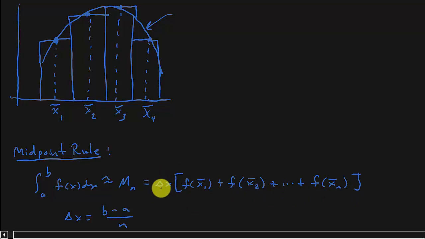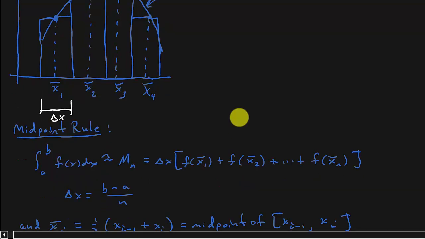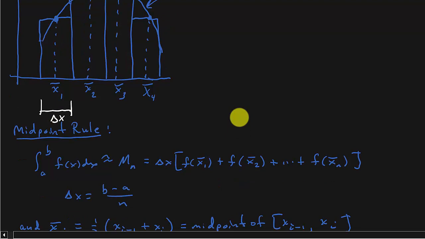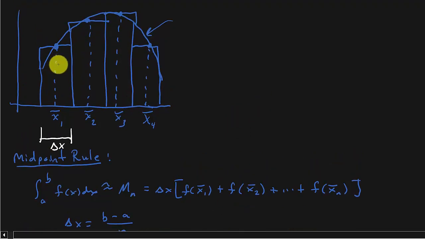Let's look at it a little bit closer. This delta x is this value here, the width of your rectangle. What do we have to do to get the area of a rectangle? We do the width times the height. How do we find that height? The height of this rectangle is this y value, and we get the y value by plugging the x value into the function.